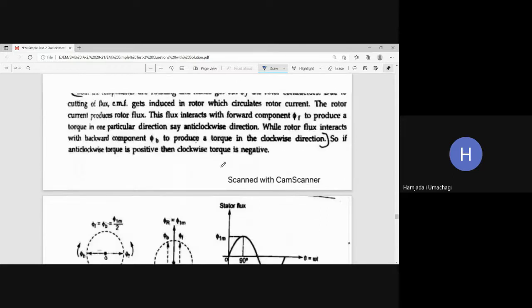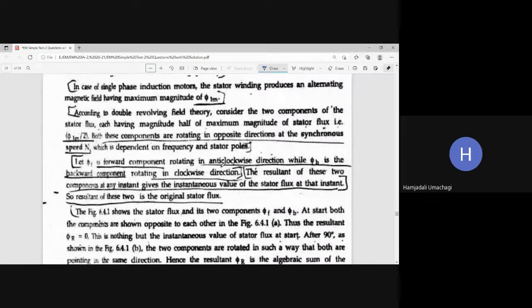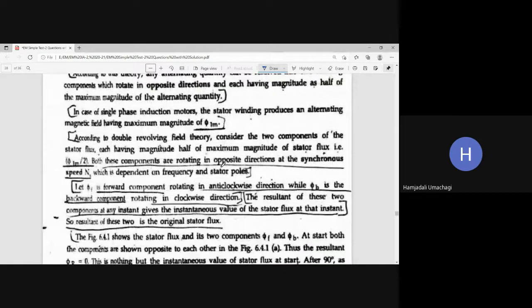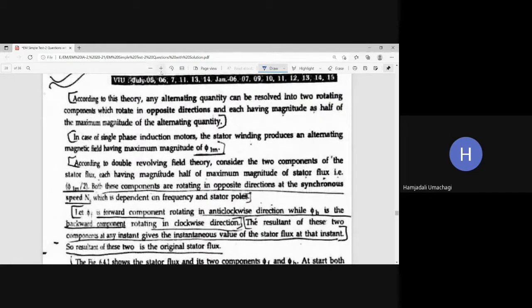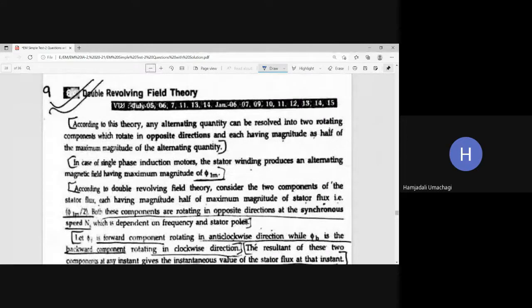See here, the explanation for this is: according to the double revolving field theory, any alternating quantity can be resolved into two rotating components which rotate in opposite directions, each having magnitude half of the maximum magnitude of the alternating quantity.